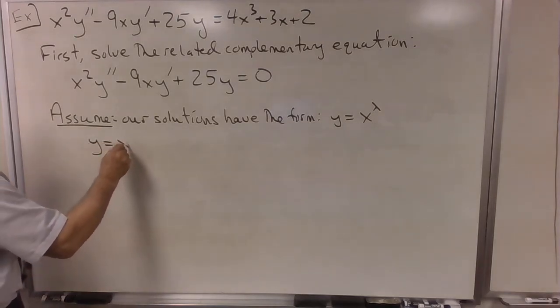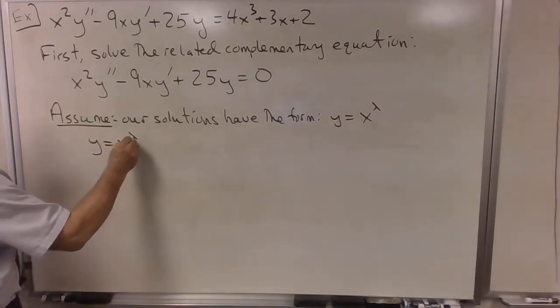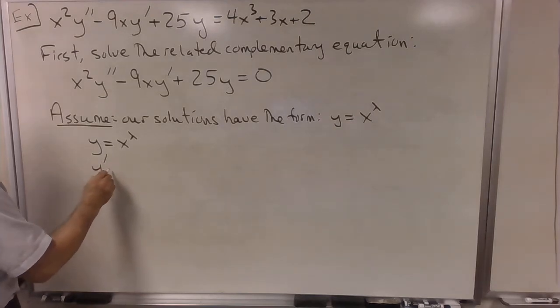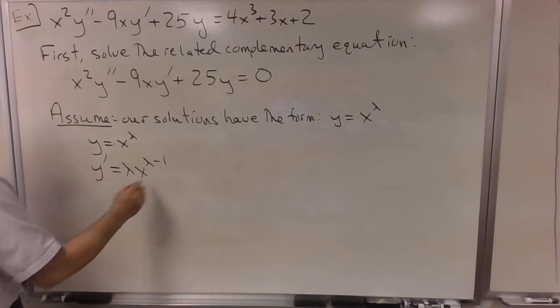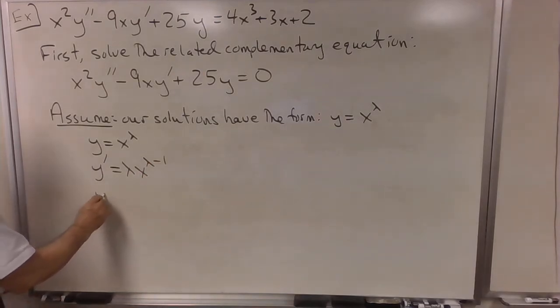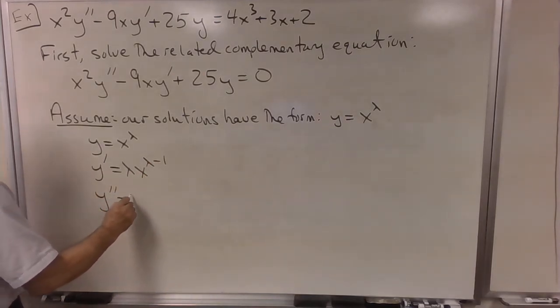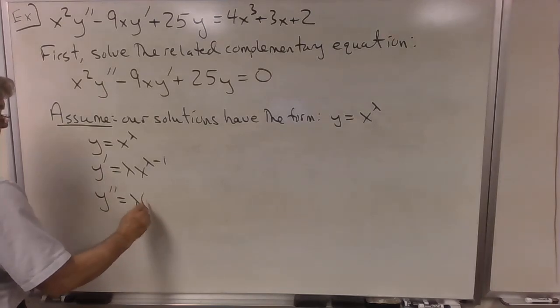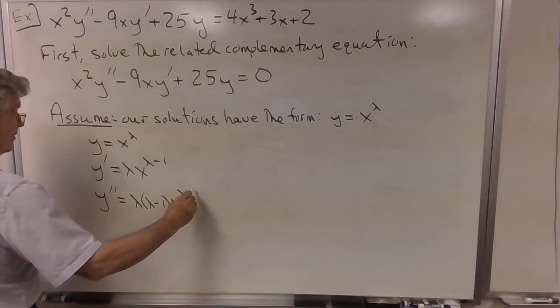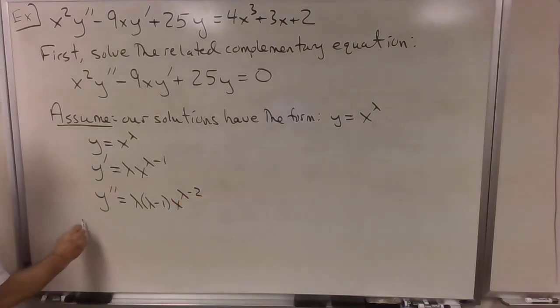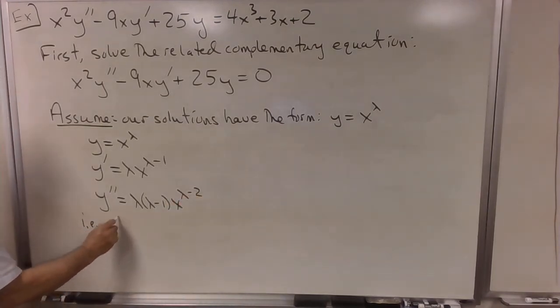So if y equals x to the power of lambda, then y prime is lambda x to the lambda minus 1. And y double prime is lambda times lambda minus 1 x to the lambda minus 2. And we can simplify that.